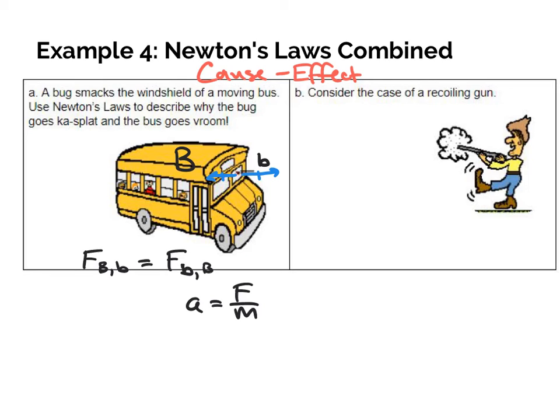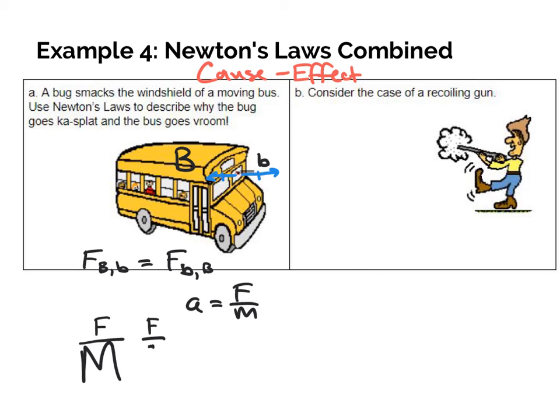So here's the idea. The forces are the same, okay? So the force of one is going to equal the force of the other. But if I think of the bus, I'll use the bus on the left side, the bus has a huge mass compared to the bug, which has, compared to the bus, a very tiny mass.